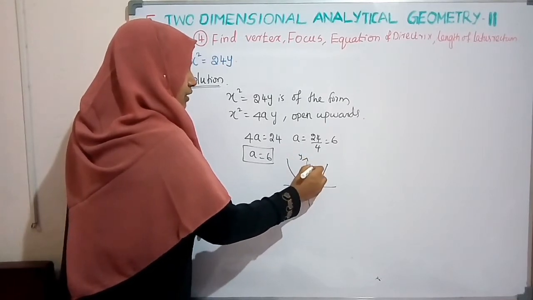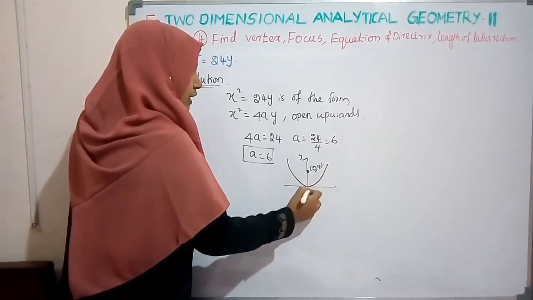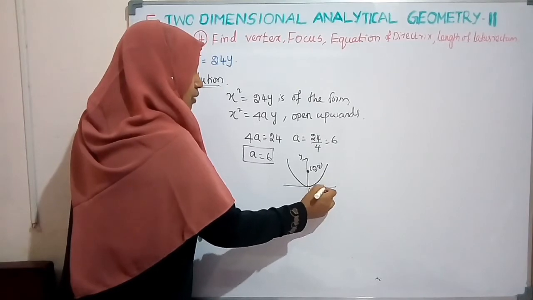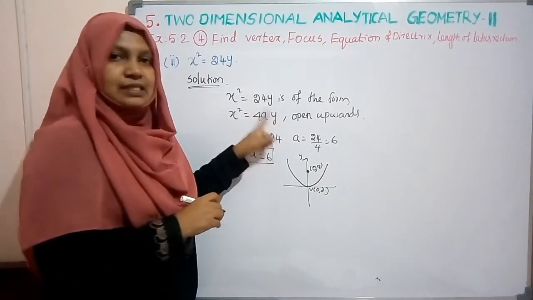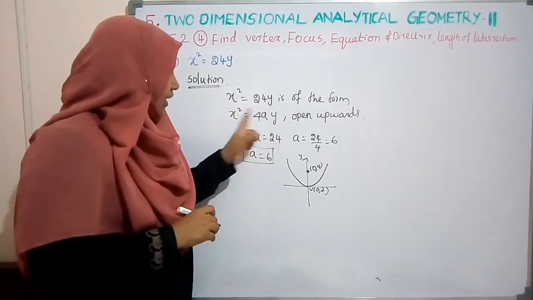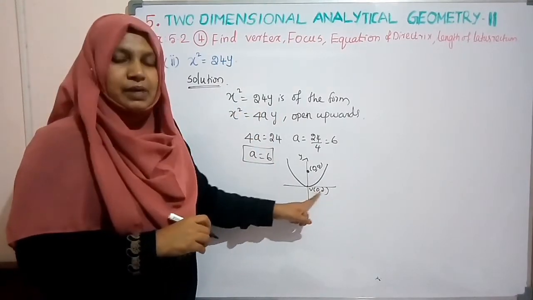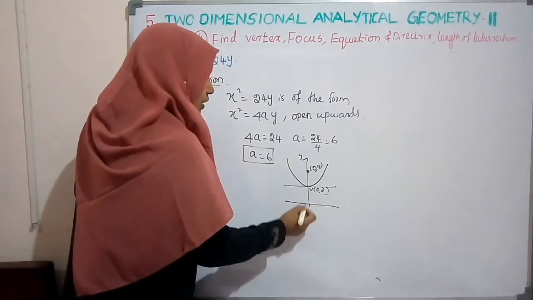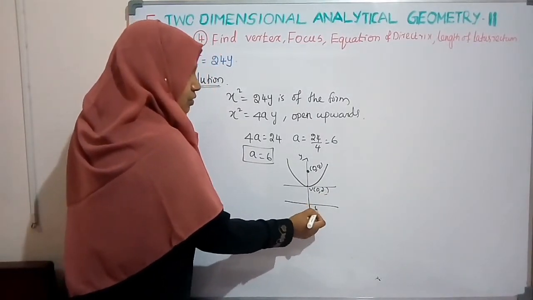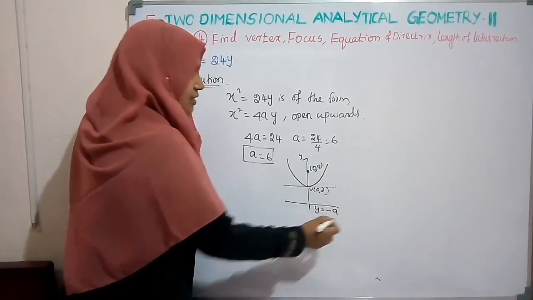How you will write? 0, a. Vertex is 0, 0 because here there is no x minus h or y minus k. So there is no h, k. Directly we can write this 0, 0. Okay. And directrix will be below the x-axis. So it is y is equal to minus a.